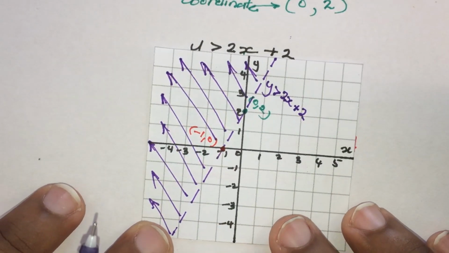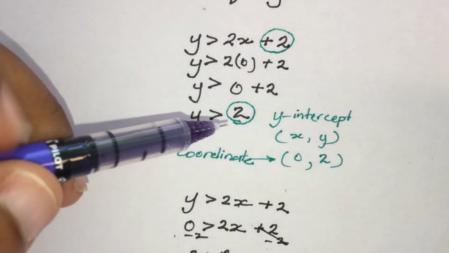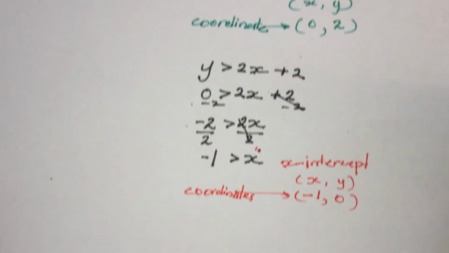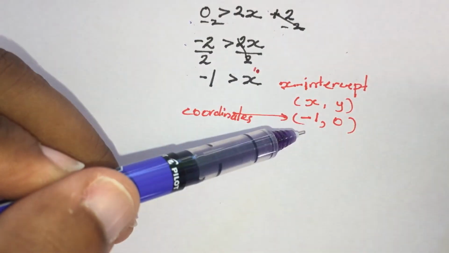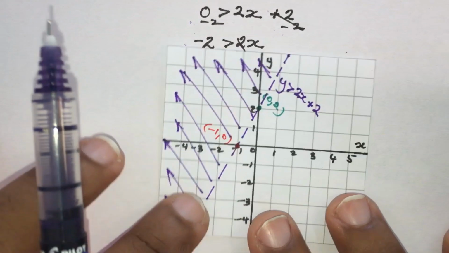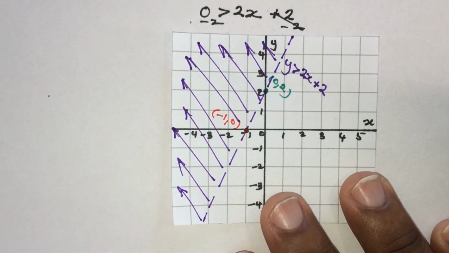And that's it. That's all. So remember, to get the y-intercept, it's the value of y when x is equal to 0. To get the x-intercept, it's the value of x when y is equal to 0. All we have to do now is to just plot the points, the x-intercept and the y-intercept, on the graph, and draw a straight line through them.